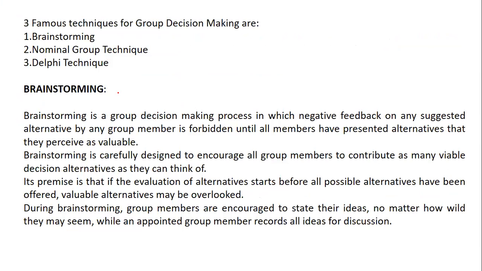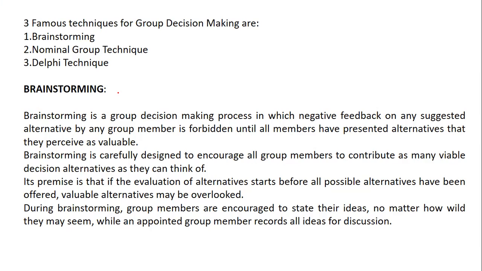Coming up next are famous techniques, because we have tools and techniques. So we are going to discuss three basic famous techniques which are useful for decision making. One is brainstorming, another is the nominal group technique, and then we have the Delphi technique. So when we talk about brainstorming, it is basically a process in which negative feedback on any suggested alternative by any of the group members is forbidden.